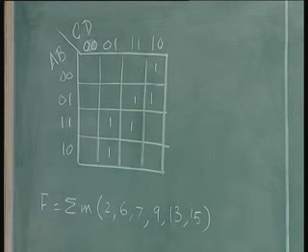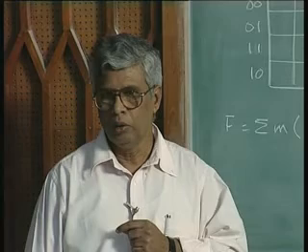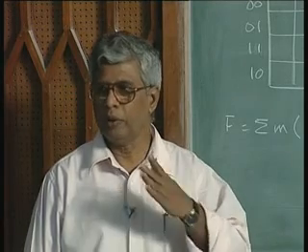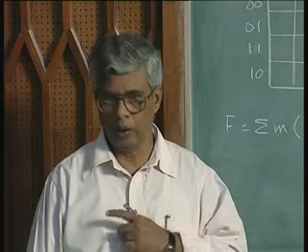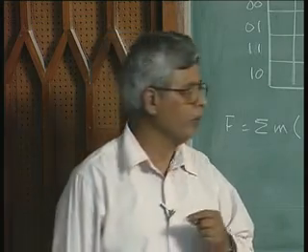And we have to make sure that all ones are covered, and we do not mind a one being covered more than once. These are the rules. Make as large groups as possible, keeping in mind the adjacency rule. Make sure that all ones are covered. Do not worry about combining a given one more than once.